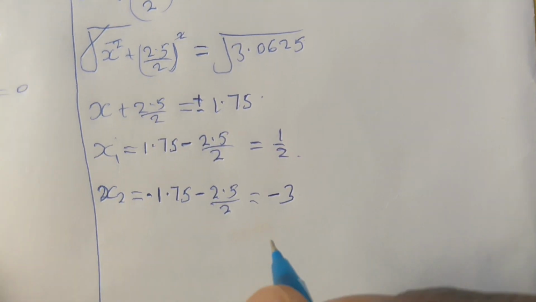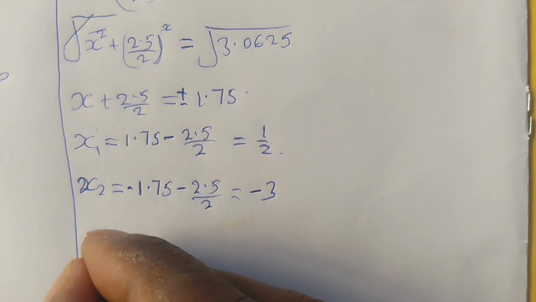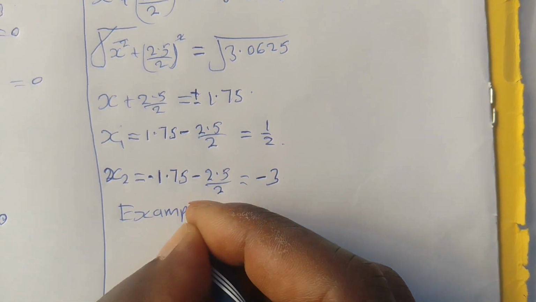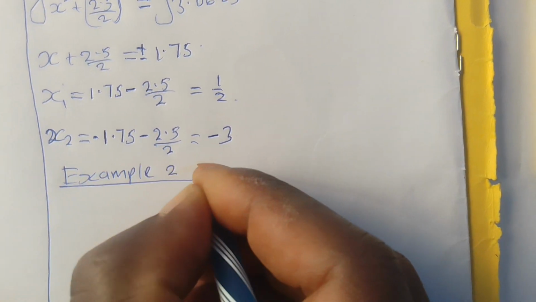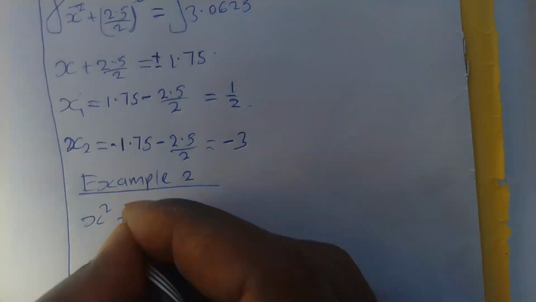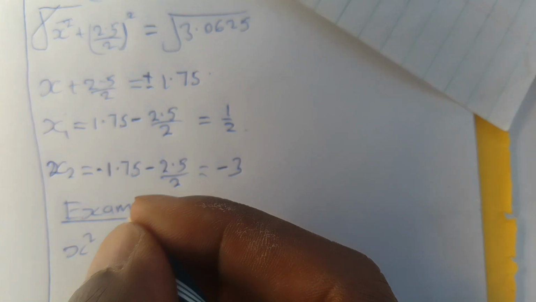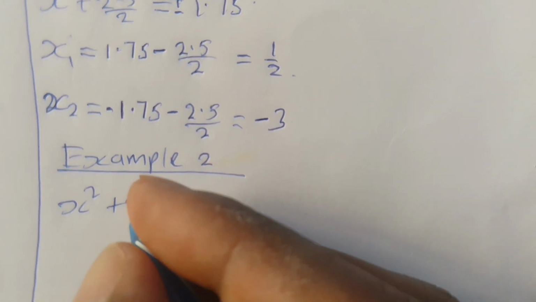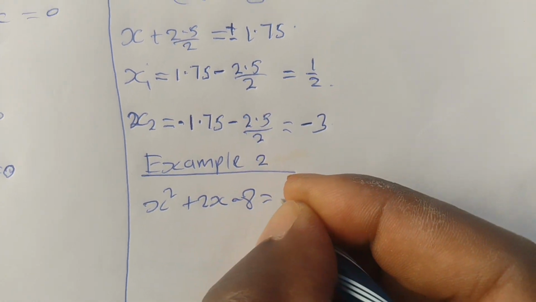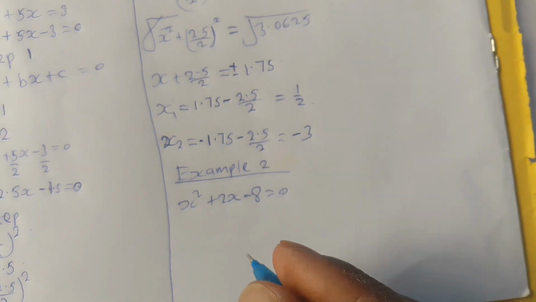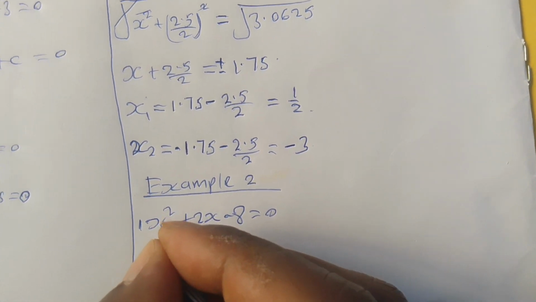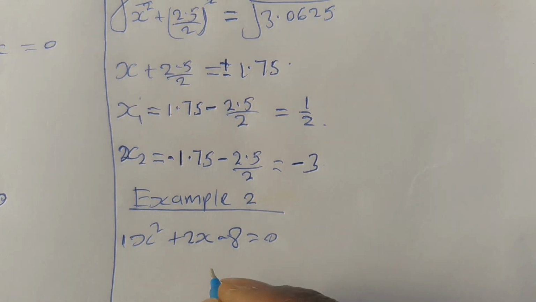Let's take another example. Example 2: x squared plus 2x minus 8 is equal to 0. Because our a now is 1, we won't consider many things.